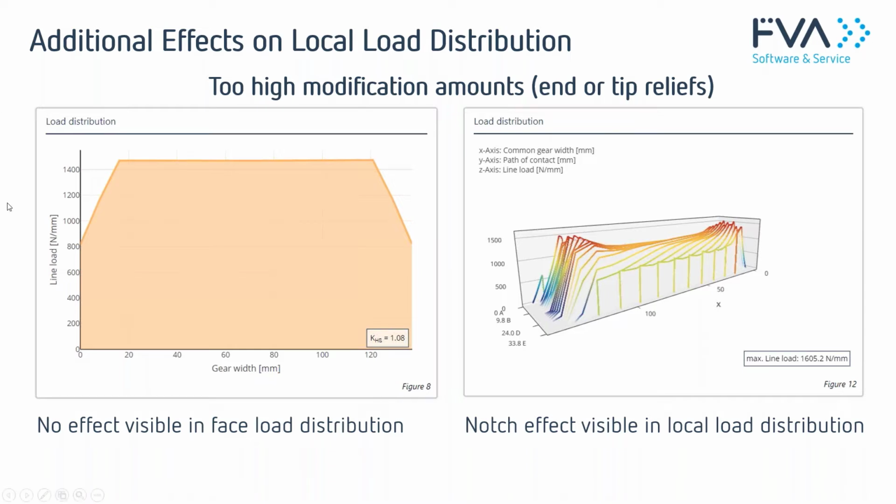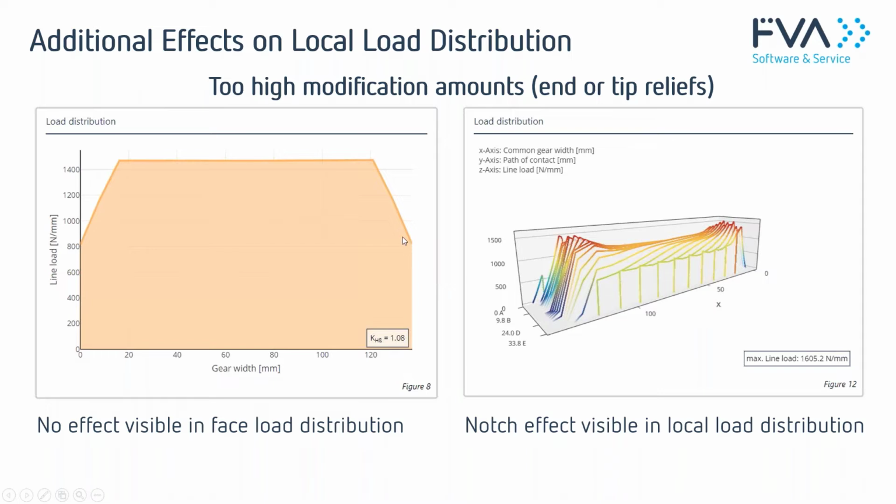If you apply very high values and you have a sharp edge because you have a linear modification form and no tangential transition from the end or tip relief to the non-modified involute, then you have a sharp edge here, and this will also lead to a notch effect and to high load peaks now within the face width.